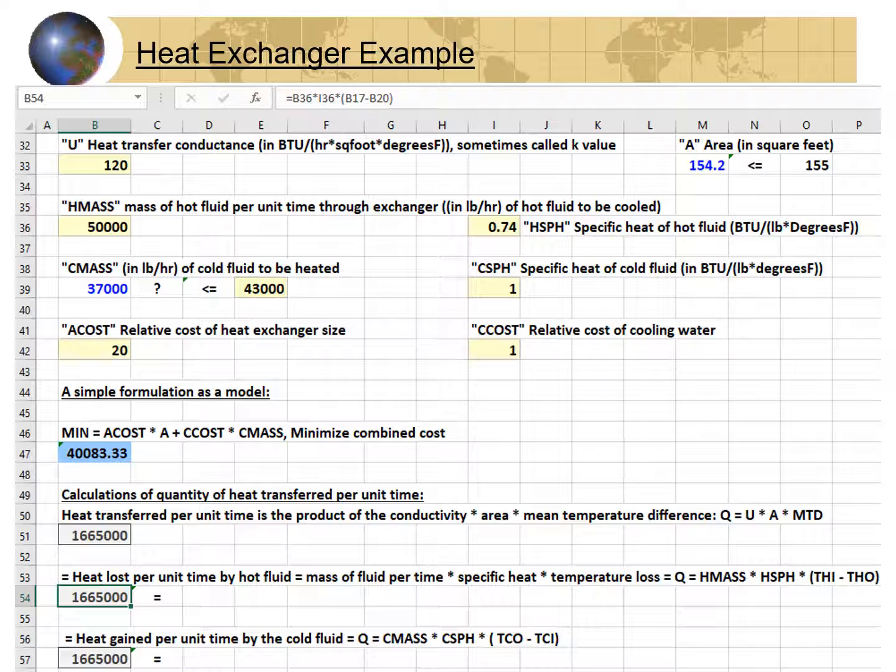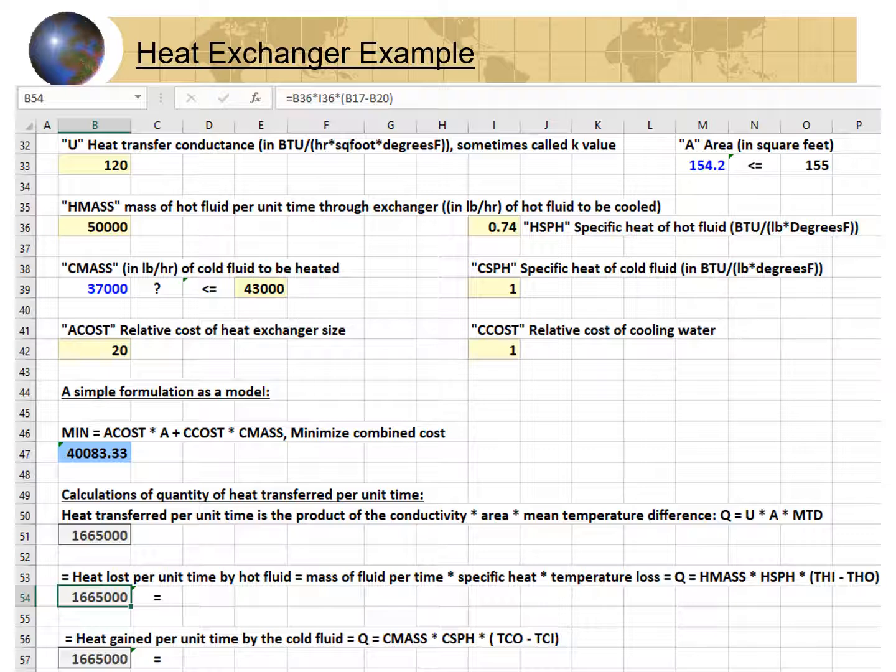And we can certainly measure the heat loss per unit time of the hot fluid. That is based on the temperature difference between when it comes in and when it departs. And we know the specific heat of the hot fluid. We can compute how much heat was given up by the hot fluid. We do the same thing for the cold fluid. We look at the temperature difference between when it entered and when it departed.